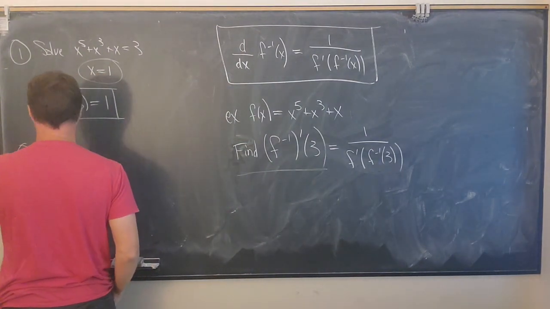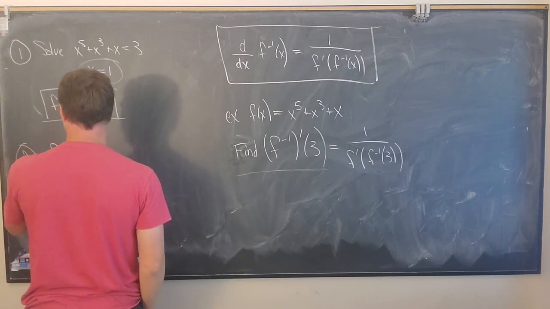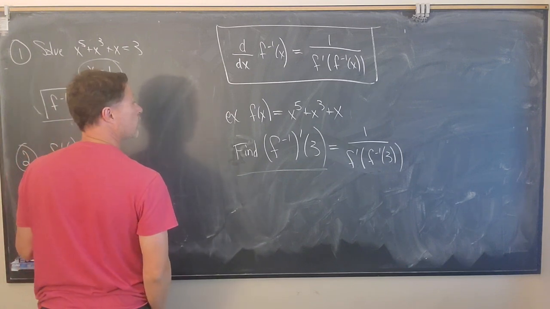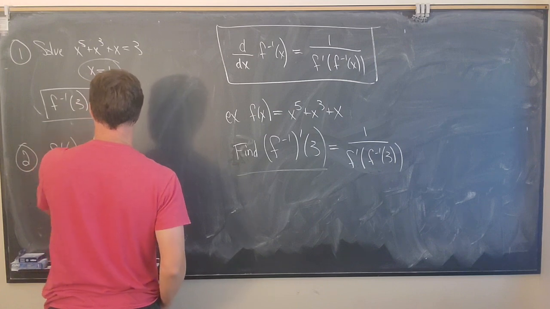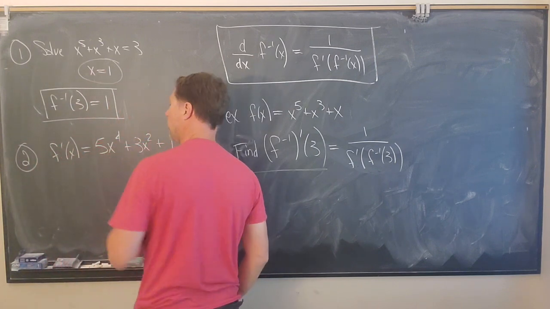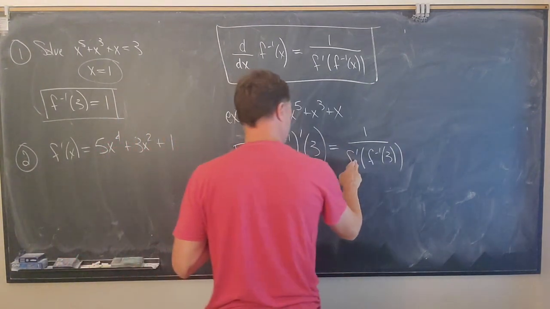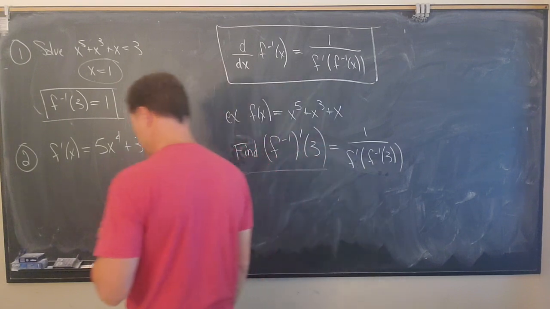So now I need to compute the derivative. f prime of x is going to equal 5x to the 4th plus 3x squared plus 1. Now what do we need? We need f prime of f inverse of 3.